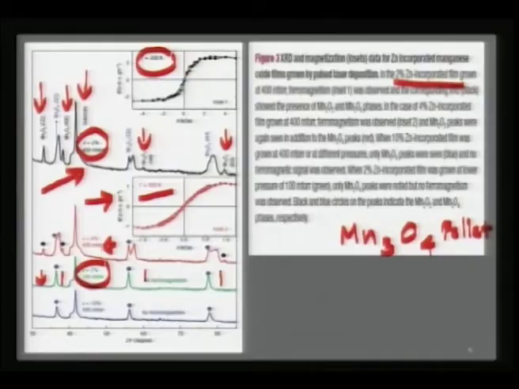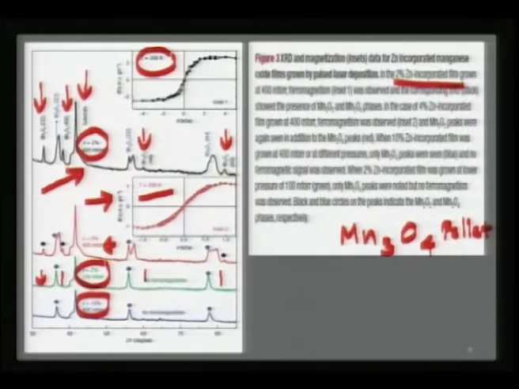Now keep the 400 millitorr constant and substitute with 10% of zinc. Again you would see Mn2O3 is not there. When Mn2O3 is not there, then you can clearly see that there is no ferromagnetism. Now when you do it at low partial pressure, you again see there is no ferromagnetism.